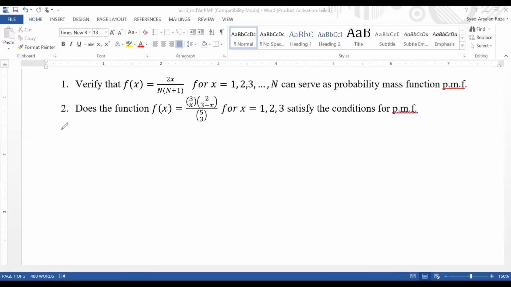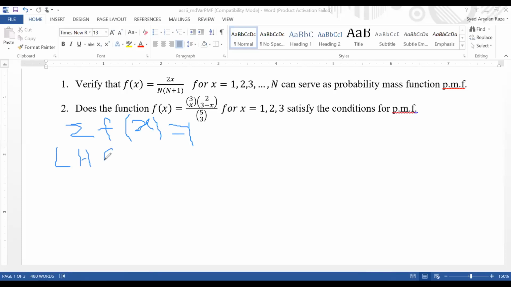Now, sum of fx is equal to 1. Sum of fx is equal to 1. And we have to check only the left hand side. Left hand side means what?